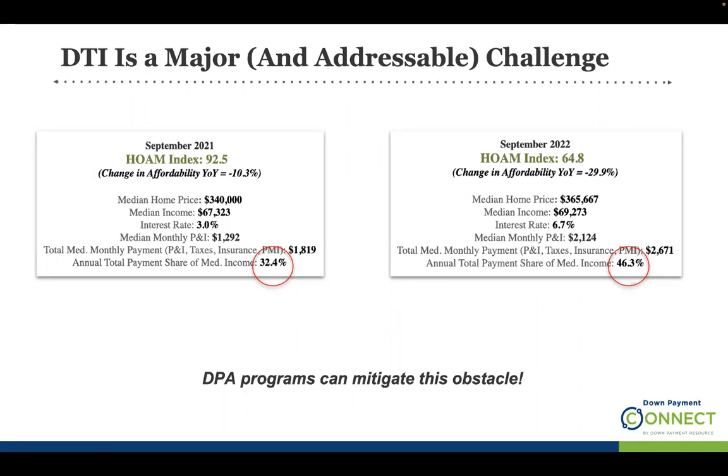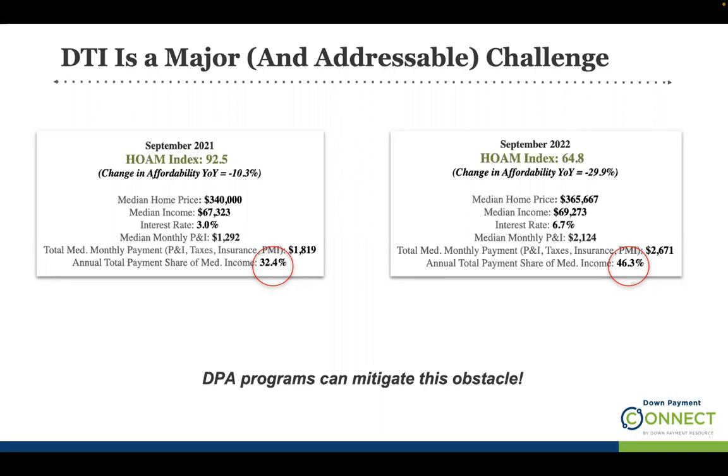To put that into context, I took the most recent data available from the Federal Reserve Bank of Atlanta, their Home Ownership Affordability Monitor Index. What they do is look at what's the median home price, what's the median income, and where are mortgage interest rates. How does that play out with principal and interest payments?